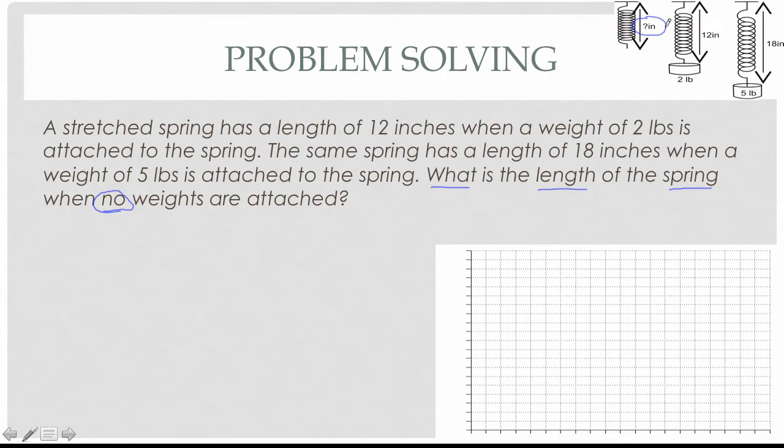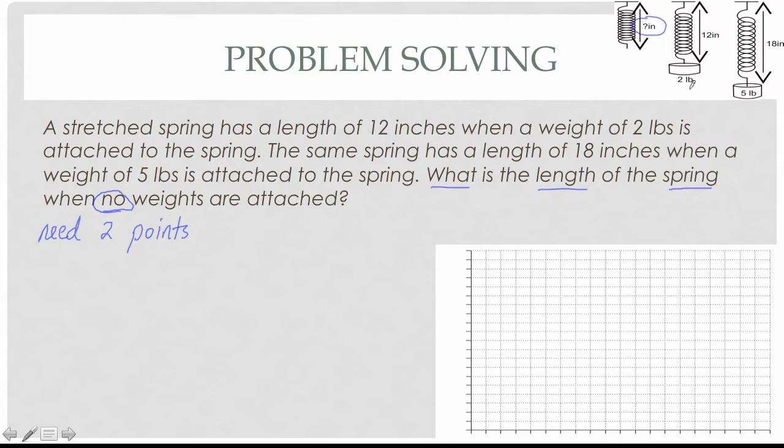Okay, there's a couple ways to think about this problem here. If I want to try and use a linear equation, I need 2 points. I need 2 points to base my line off, right? If I have 2 points, I can find the slope. If I have 2 points, I can find an equation. If I have 2 points, I can do a whole lot of stuff with linear things. So let's try and figure out what we have for 2 points.